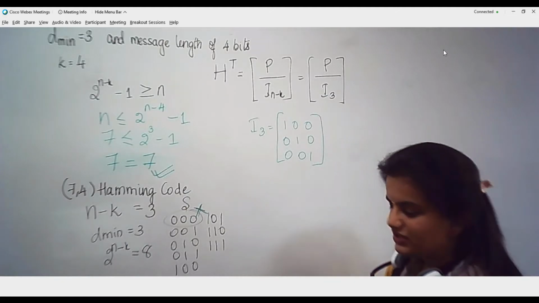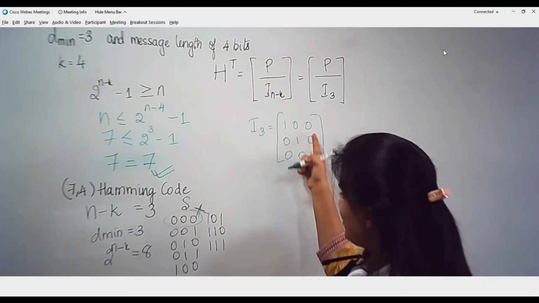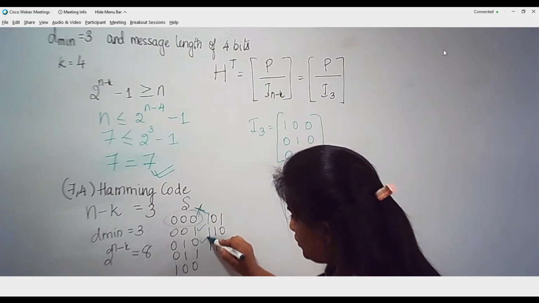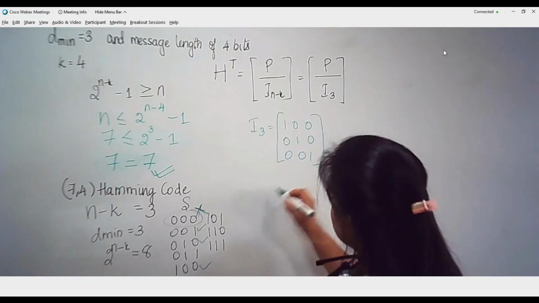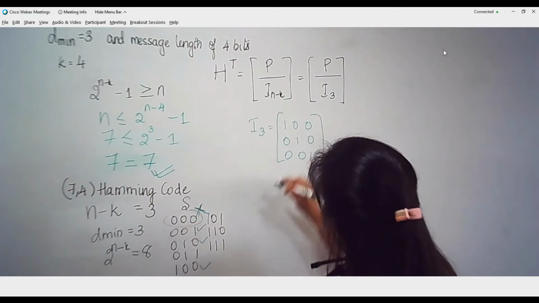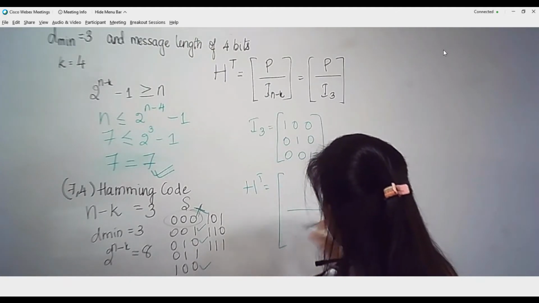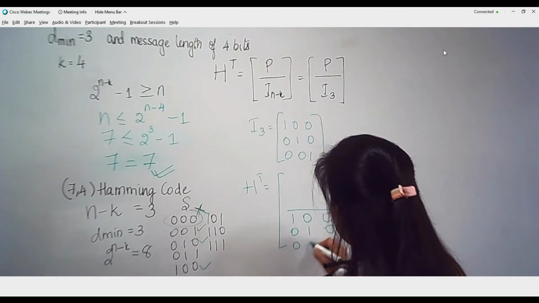Now observe here, out of the 8 possible syndromes, these 3 combinations are also available: 001, 010, 100. So now I will filter these out and bring them in as a part of H transpose, which is 100, 010, 001.